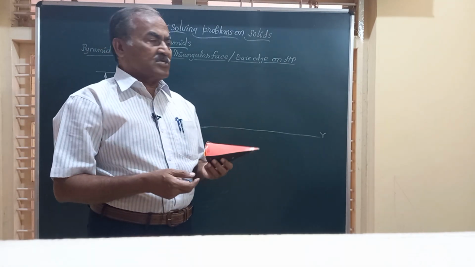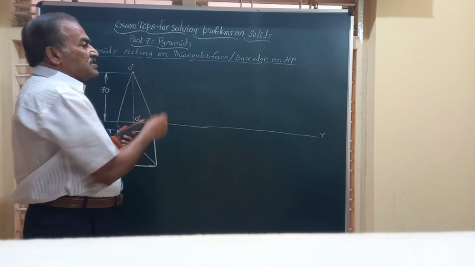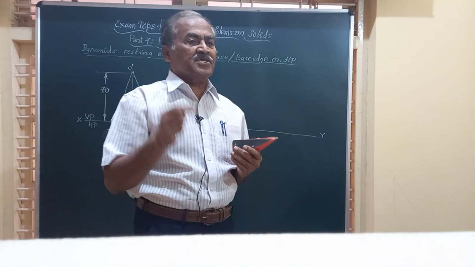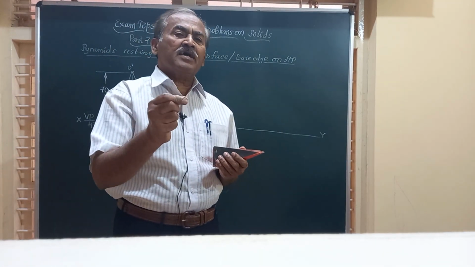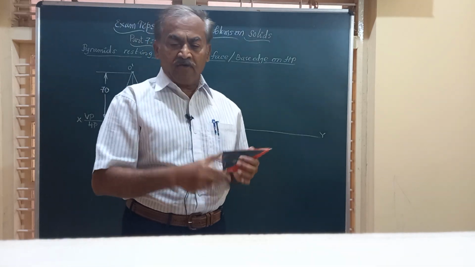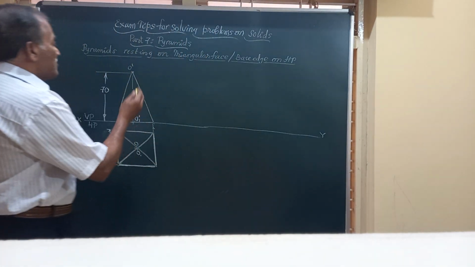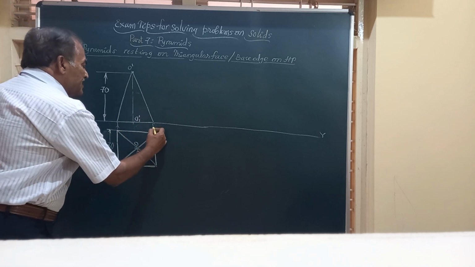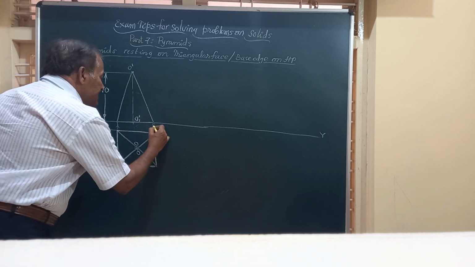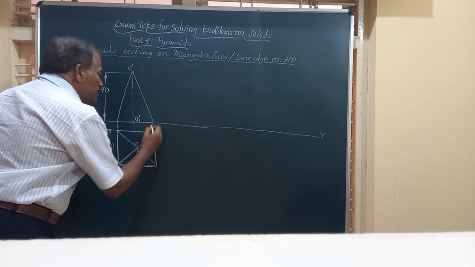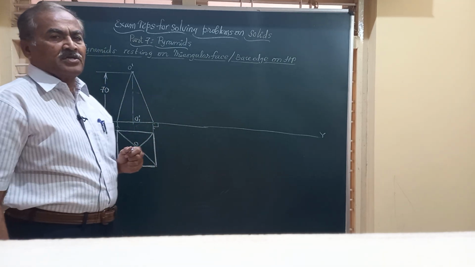Okay, now friends, whenever you have in the examination paper or in the question that the pyramid has to rest on one of its triangular faces, then the first step is, you have to place the object on HP such that one of the edges of that is normal to VP.